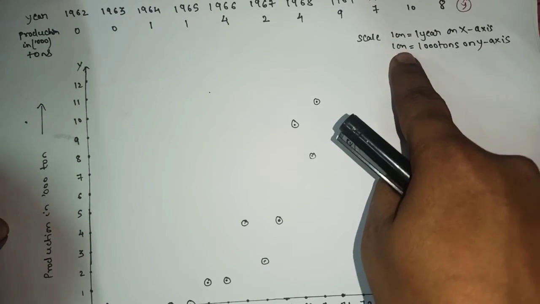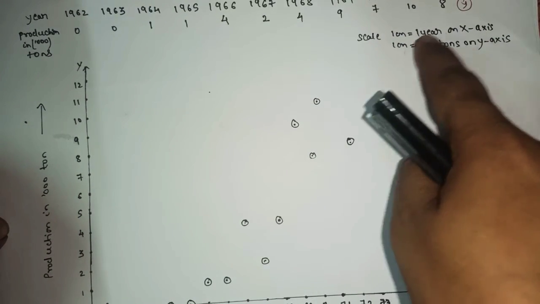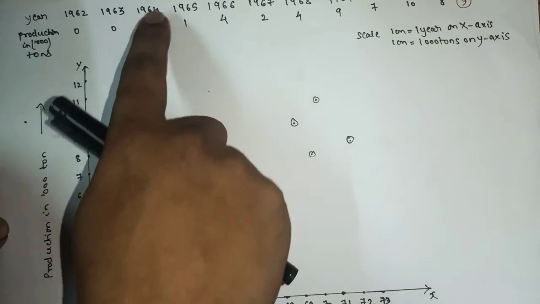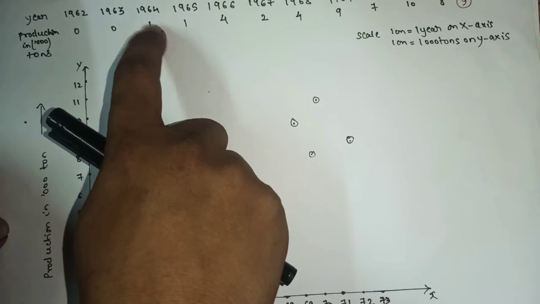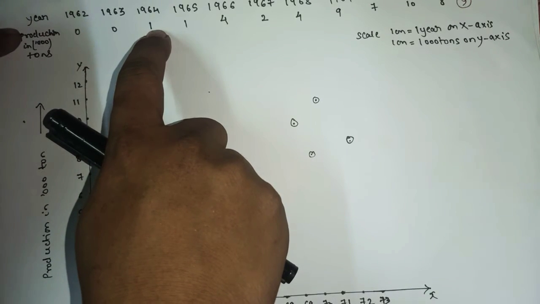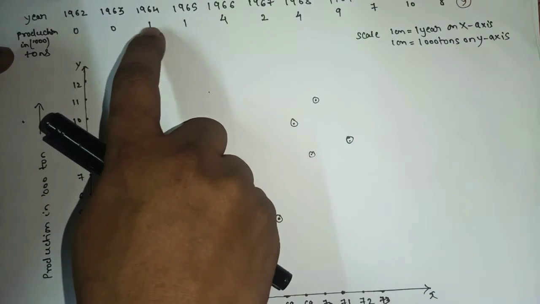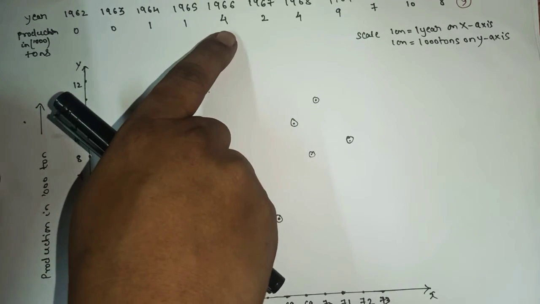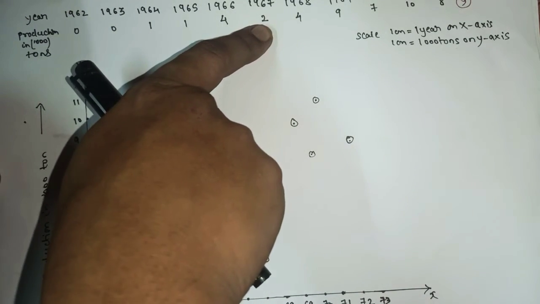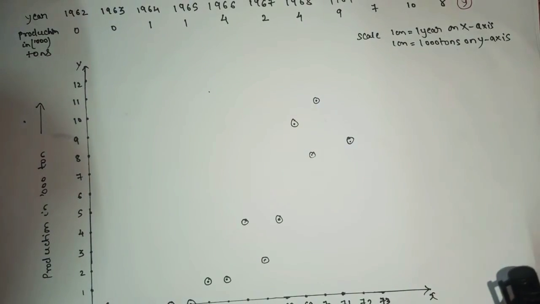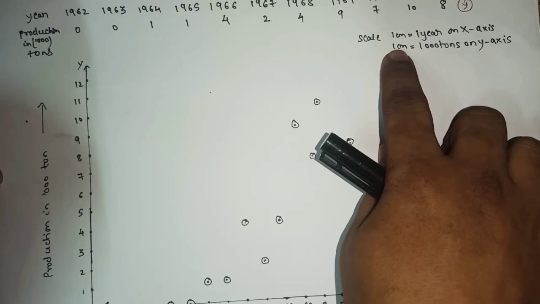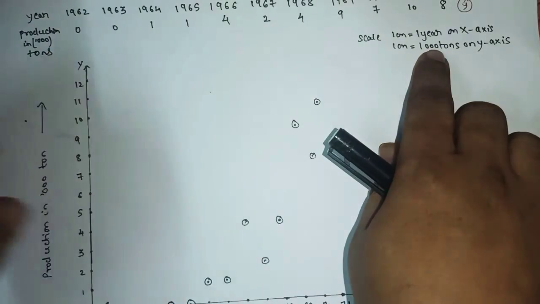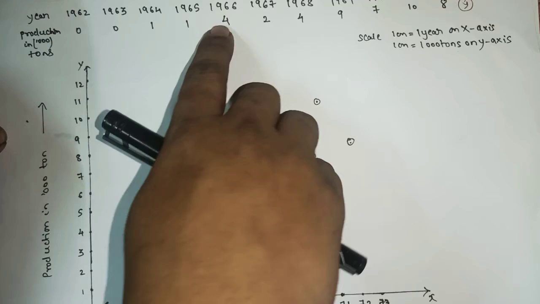That's why I wrote 1 centimeter equals 1000. The production in the year 1964 is 1, which means 1000 tons. So this is 1000, this is 4000, this is 2000. Understood? That's why I wrote 1 centimeter equals 1000 instead of 142.